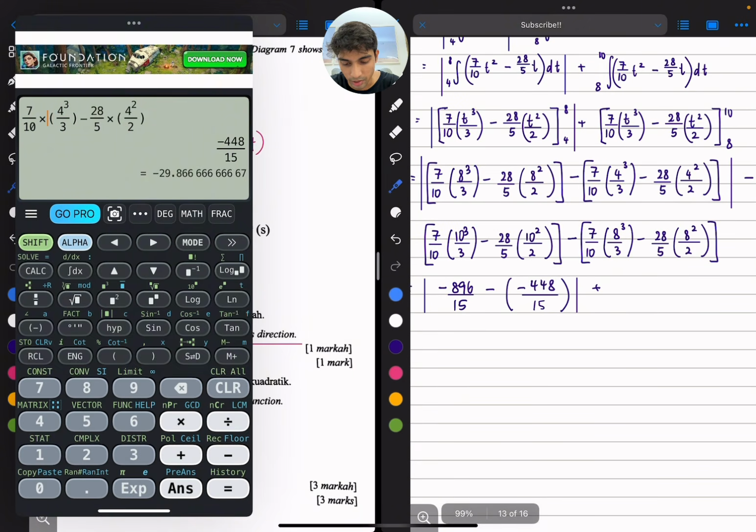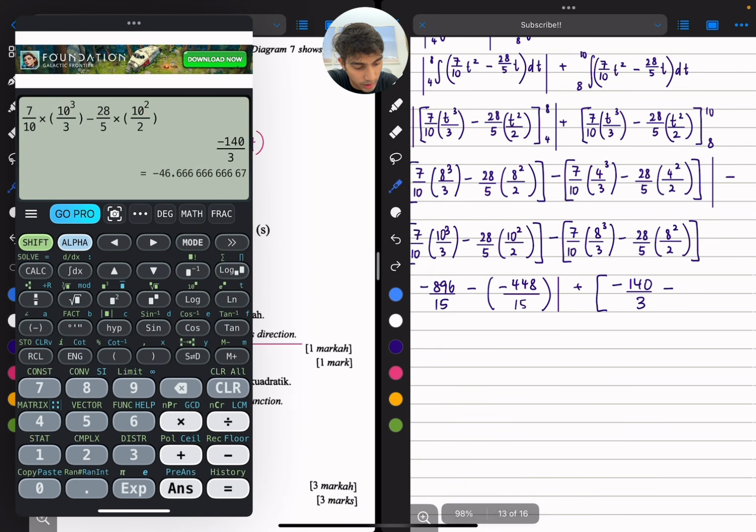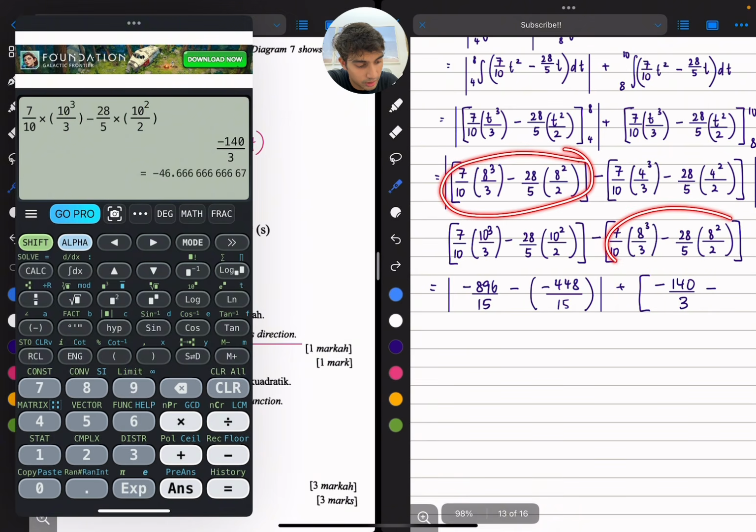So sub this with 10, we get negative 140 over 3 minus, then when we sub with 8 just now earlier, these two will be the same answer, which is this.